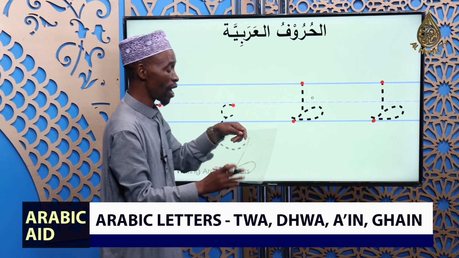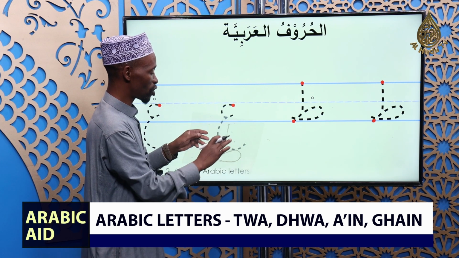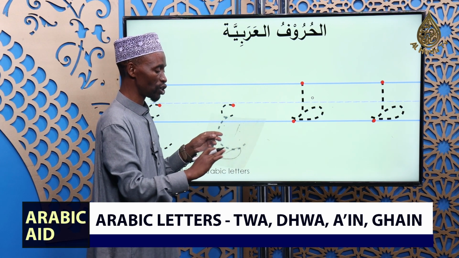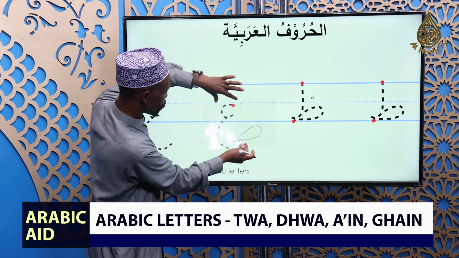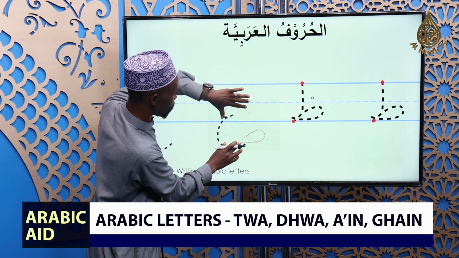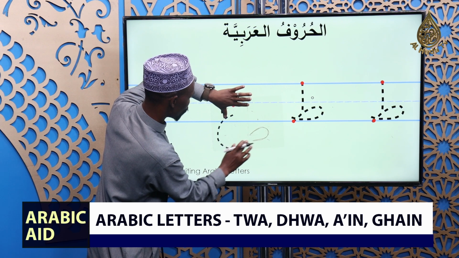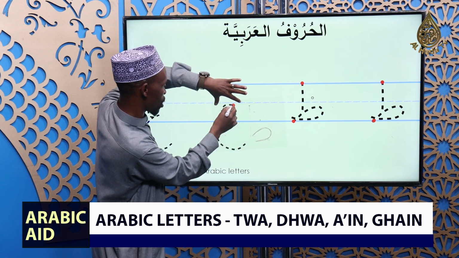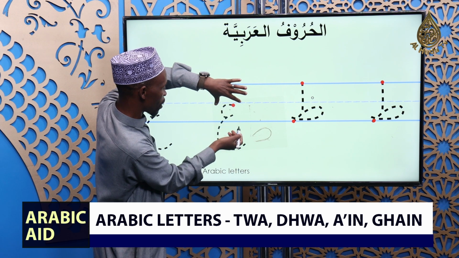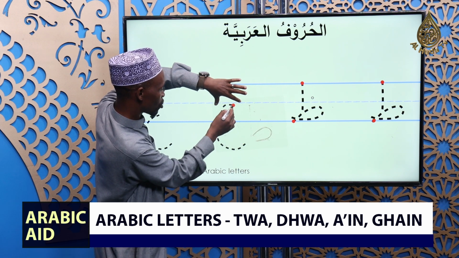As for the next letter here, I'm going to demonstrate how we are going to write letter Ain. Letter Ain, you put your tracing paper there, and then you start from the top here. So remember, there are like two curves. So we have a small curve here.